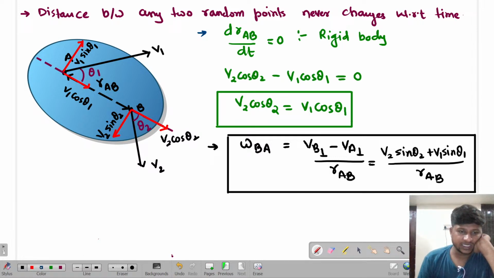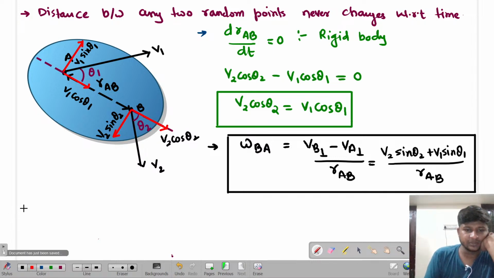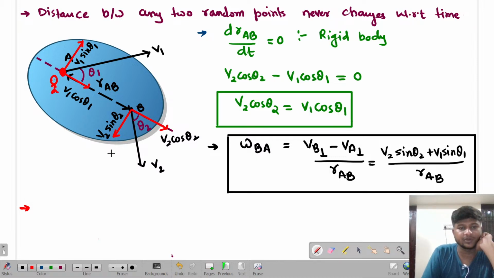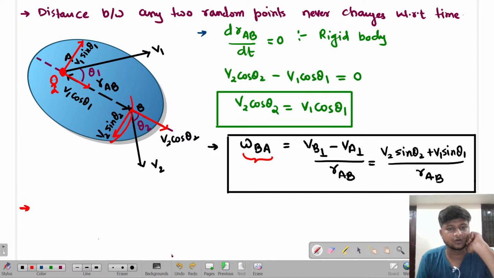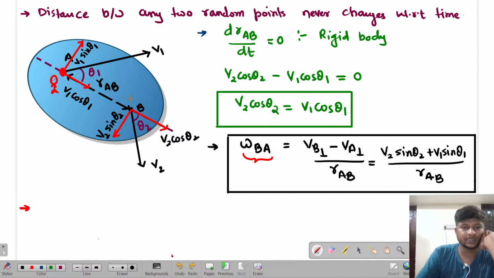So can we say something about it? As you observe with respect to A, let's suppose I were an observer sitting at A and observing B. You get omega of B with respect to A, which means you will see that B is doing a circular motion over here. Yes or no? You will feel that B is trying to do a circular motion with a relative angular velocity omega. Are you able to get me or not?